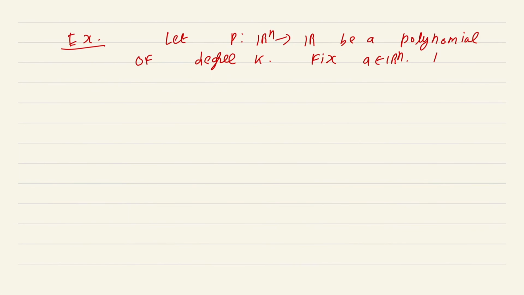Then show that number one, P of x is actually equal to T_k P 0 (x).